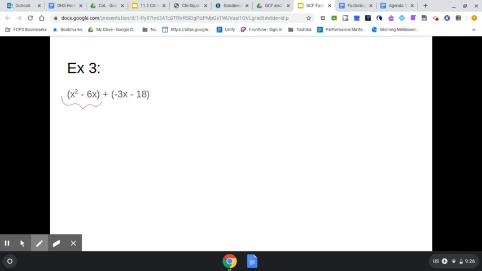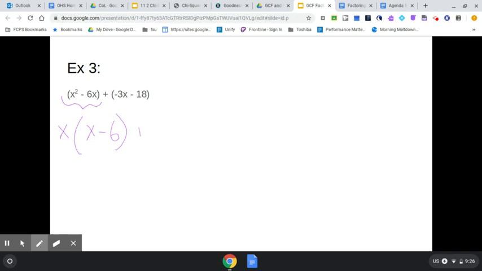But notice that they both have x in them, so there is a common factor of x. So x times what will give me x squared? Well, x times x will make x squared. And then x times what will give me negative 6x? X times negative 6 makes negative 6x.